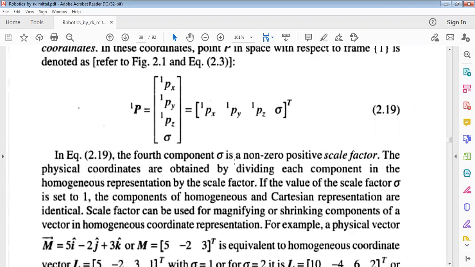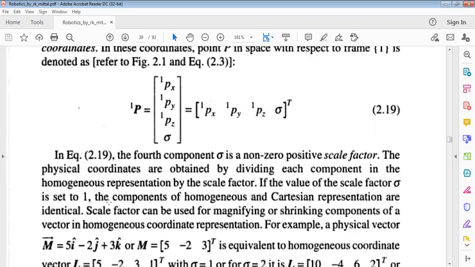Suppose the value of the scale factor is set to 1, then the components of homogeneous and Cartesian representation are identical.